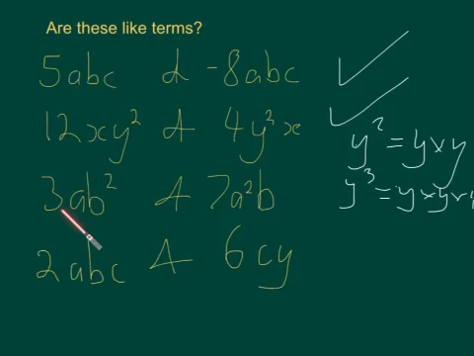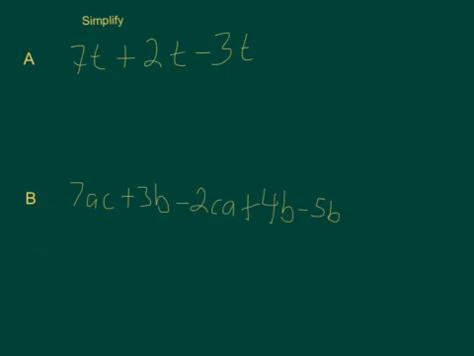So that would actually be 3 times a times b times b, and 7 times a times a times b. So that would be wrong, or not like. Now, this one here is 2abc and 6cy. What do you reckon? Like or non-like? No, they're not like, because there's a y there. Glad you got that one.